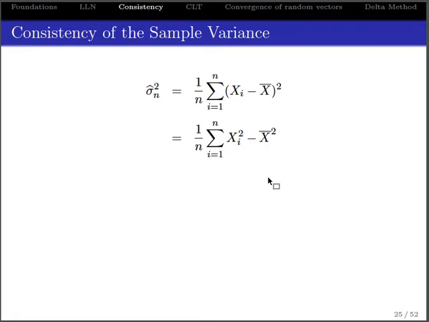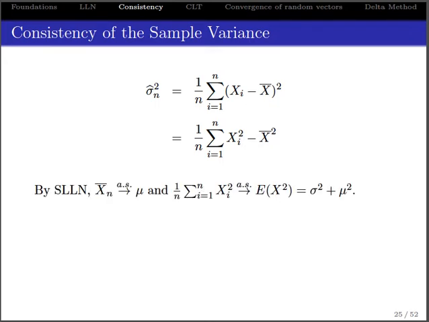That is like an ordinary limit, except possibly on a set of probability 0, which we can disregard. So by the strong law of large numbers, x bar goes to mu, and this part, 1 over n times the sum of xi squared, goes almost surely to the expected value of x squared, which is sigma squared plus mu squared.